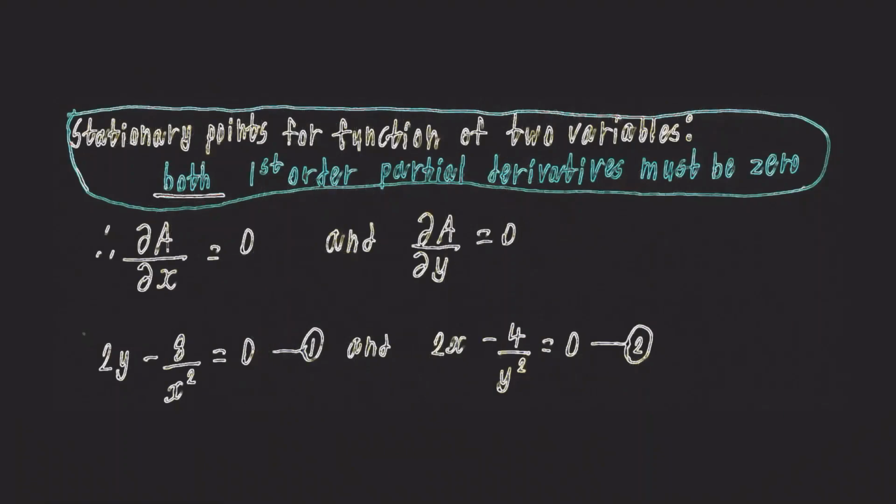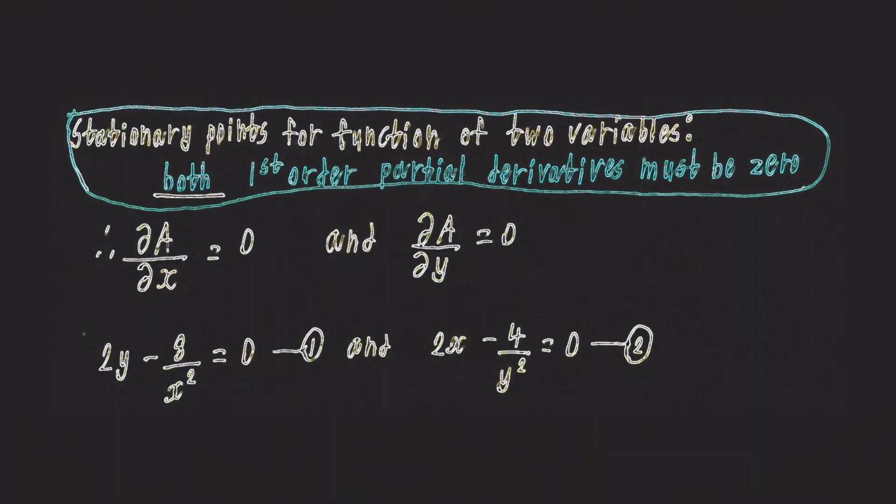So, well, this is an optimization problem, so the most obvious thing to do is to find the stationary points for this function, so that we can then determine the minimum.